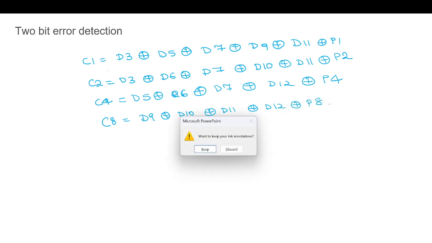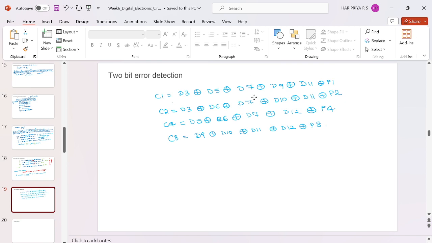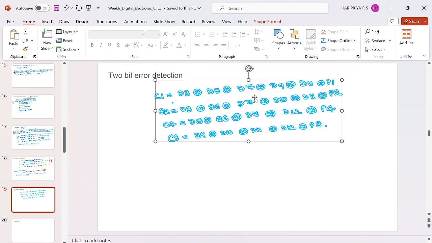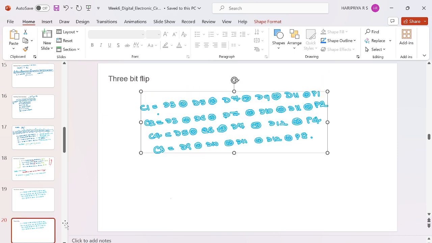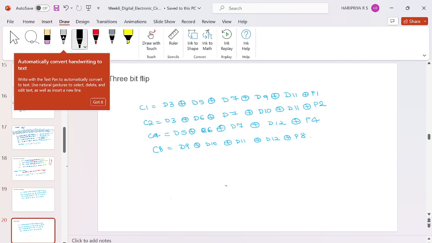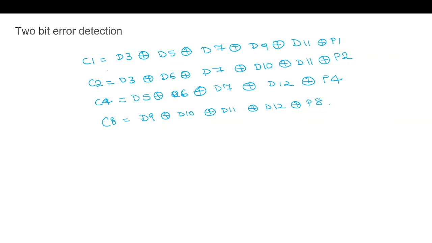So I will copy this so that we can discuss the same equations. So now, if we say there is a 2-bit error, say D5 and D7 are erroneous.